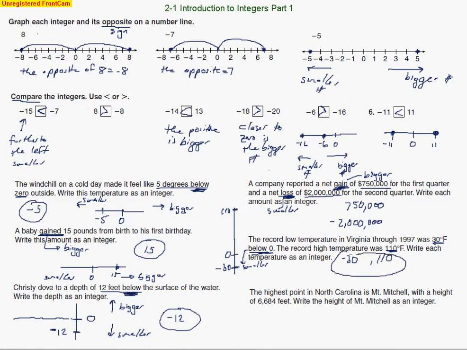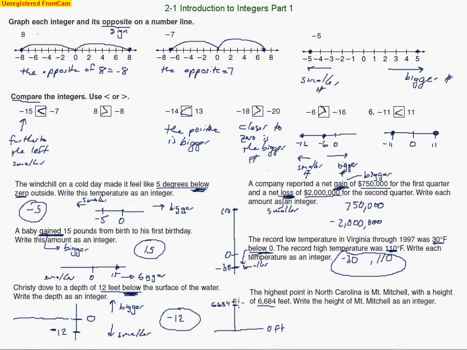Here it says the highest point in North Carolina is Mount Mitchell with a height of 6,684 feet. And so we want to write that as an integer. Here's the mountain. Here's like sea level here. So this is 0 feet. And here is Mount Mitchell way at the top, and that's at 6,684 feet.